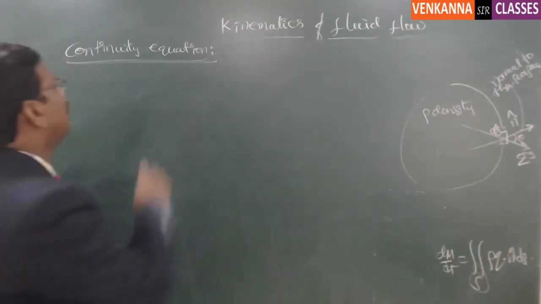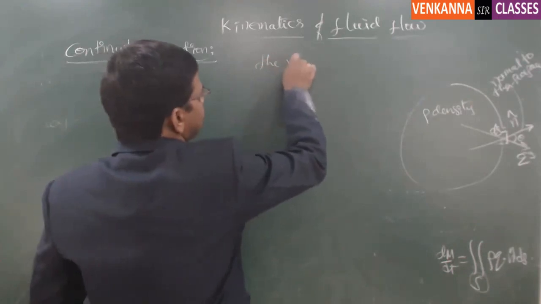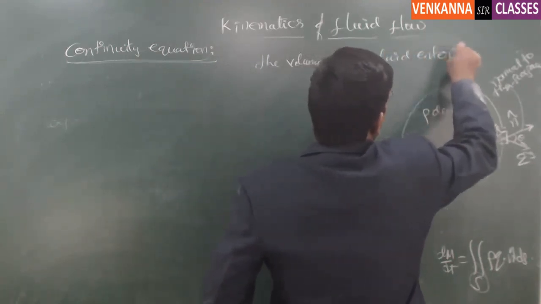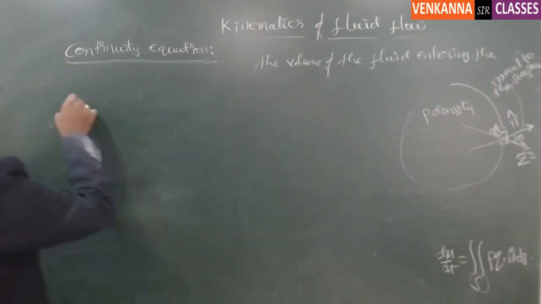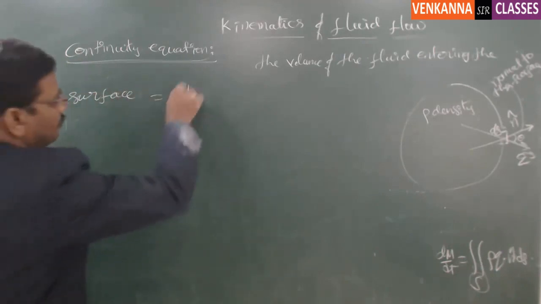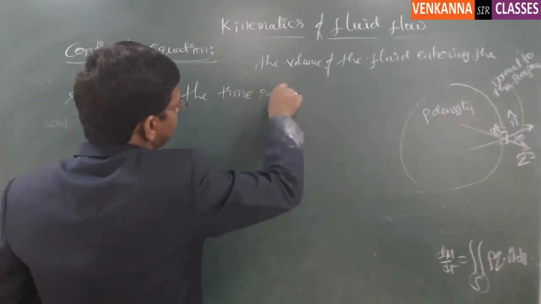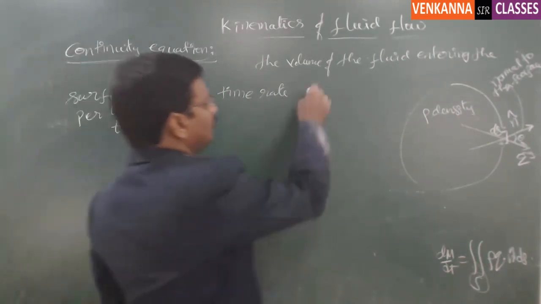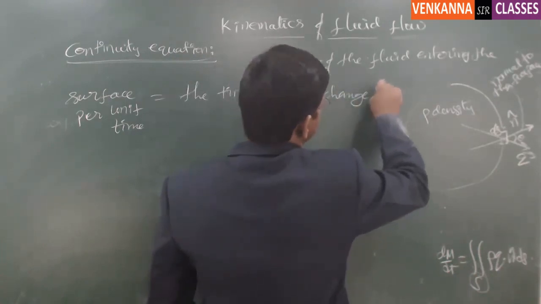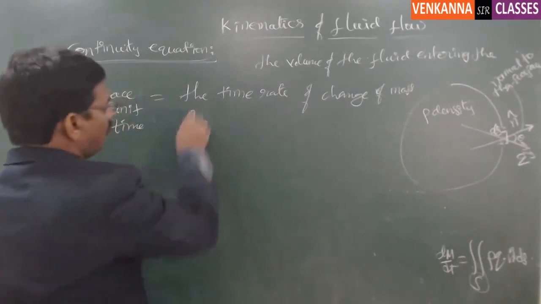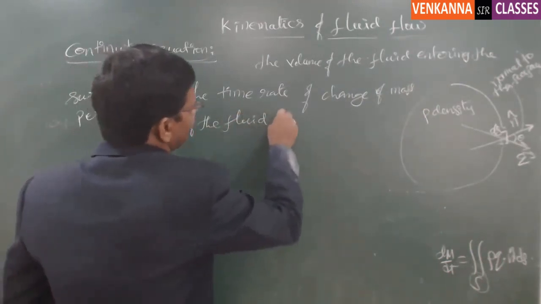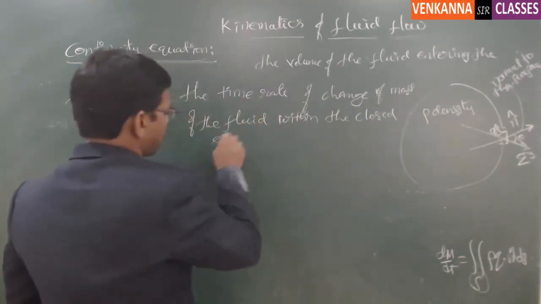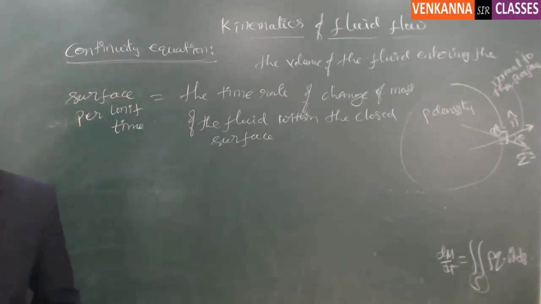The fundamental principle behind this continuity equation is that the mass of the fluid entering the surface per unit time is equal to the time rate of change of mass of the fluid within the closed volume or within the closed surface. So this is the base principle that we are going to use to find the continuity equation.